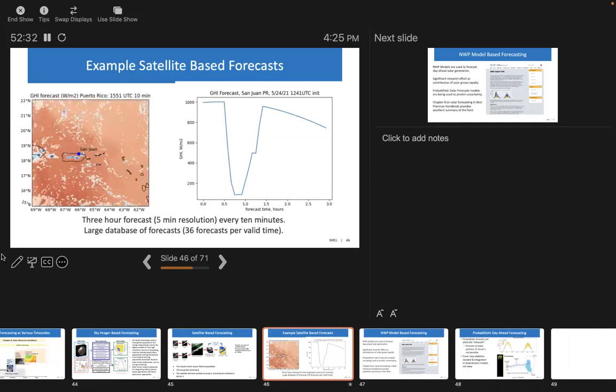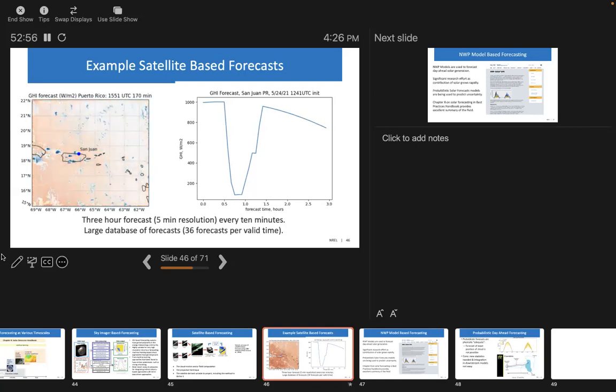So this is just an example cartoon. The blues are those clouds essentially, and this is basically where the cloud is throwing a shadow. This is GHI. This is the forecast of GHI. So wherever it is blue means low GHI, which means that there's a cloud there, essentially.